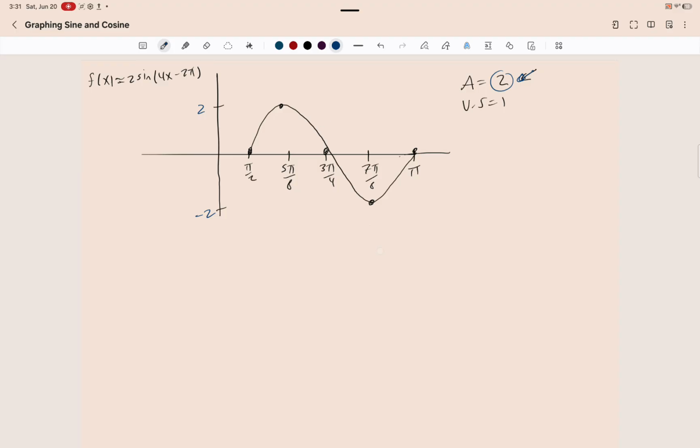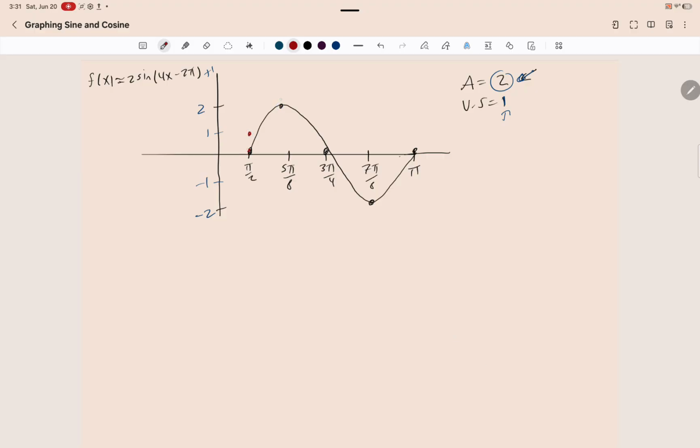But since we have a vertical shift, remember this one here, we have to move every point upwards, in this case by 1 because it is positive. So in other words, let me write a 1 there, and let me write a -1 here. This value here, it's at 0, so it's going to move vertically by 1.